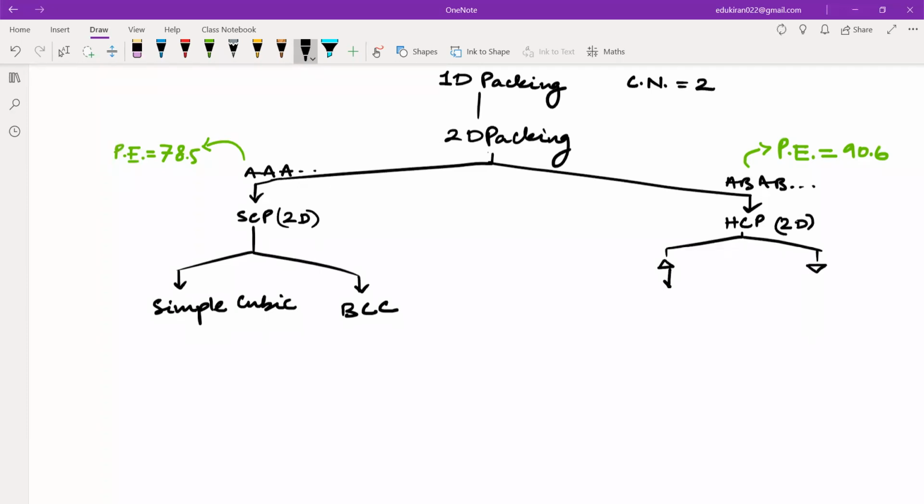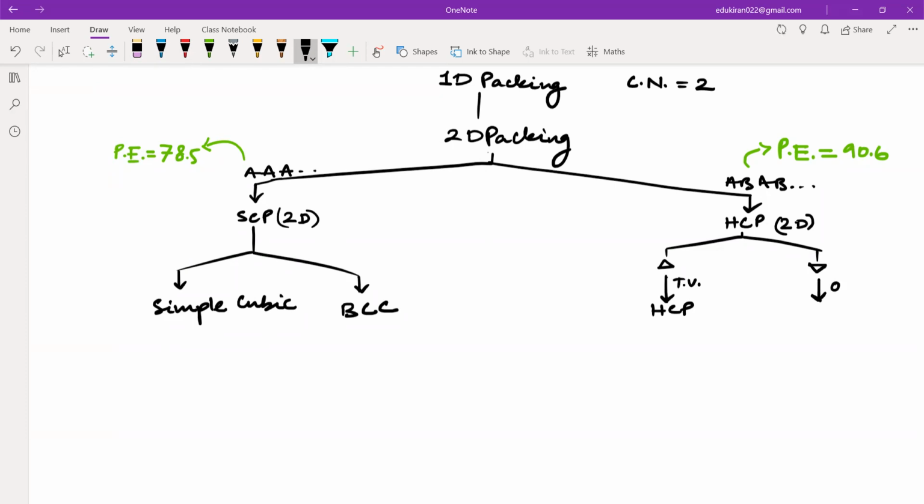When we put atoms here, this got converted into tetrahedral voids, and we got a packing that is hexagonal close packing, that we have seen just now, HCP. And this downward is tetrahedral void.